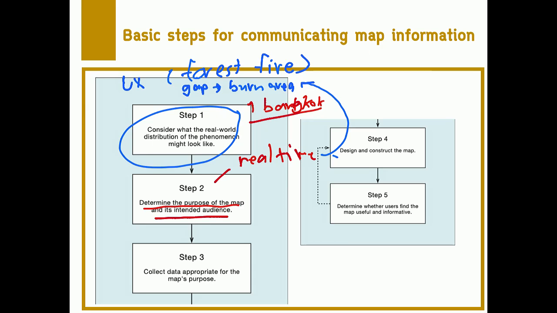Okay, another thing is that you need to include something related to your main data. For example, I want to make a forest fire web map, and I want to monitor it in real time, right? So I decide on a topic: forest fire monitoring.